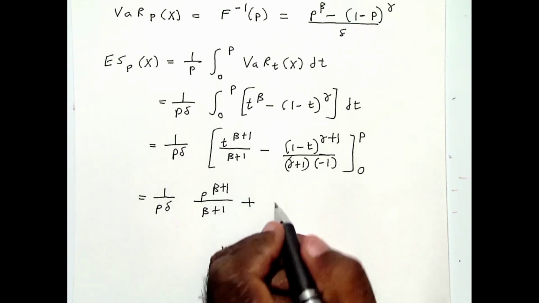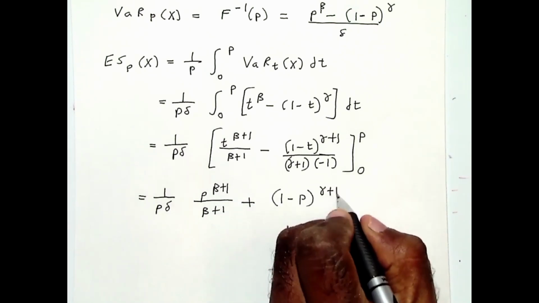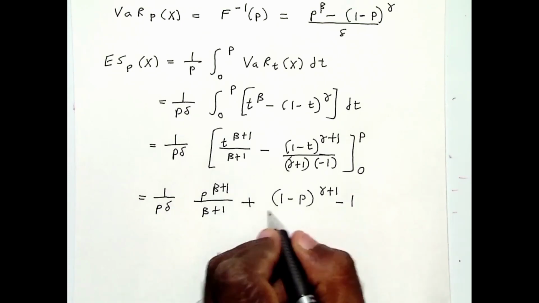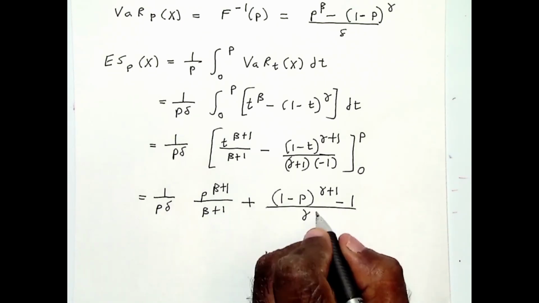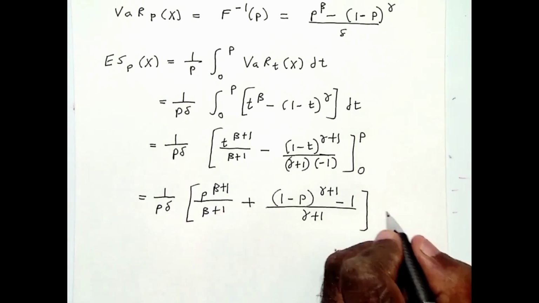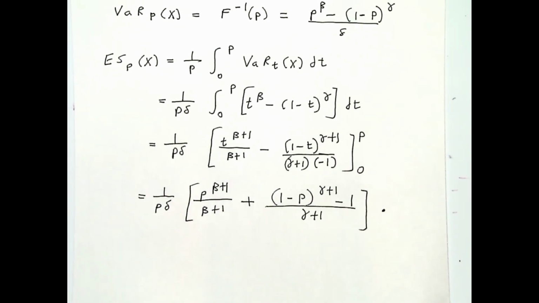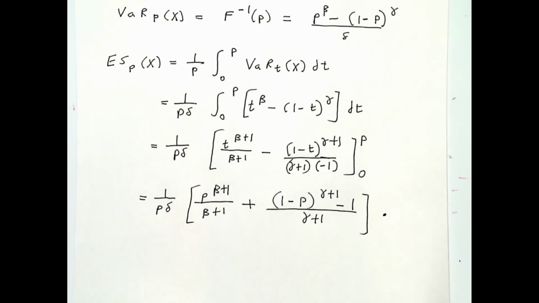Minus minus is plus, so it's 1 minus p power gamma plus 1 minus 1 divided by gamma plus 1. So this is the expression for expected shortfall for part 12.